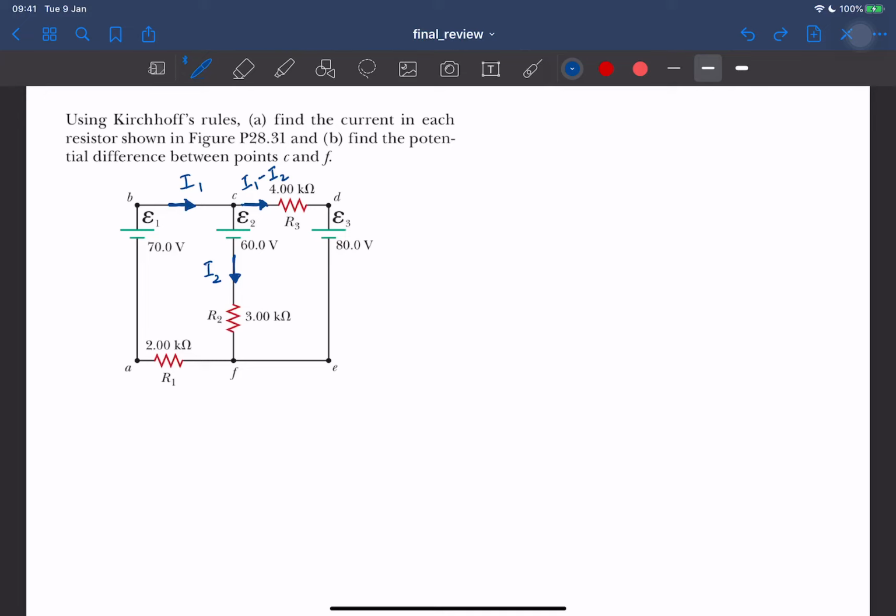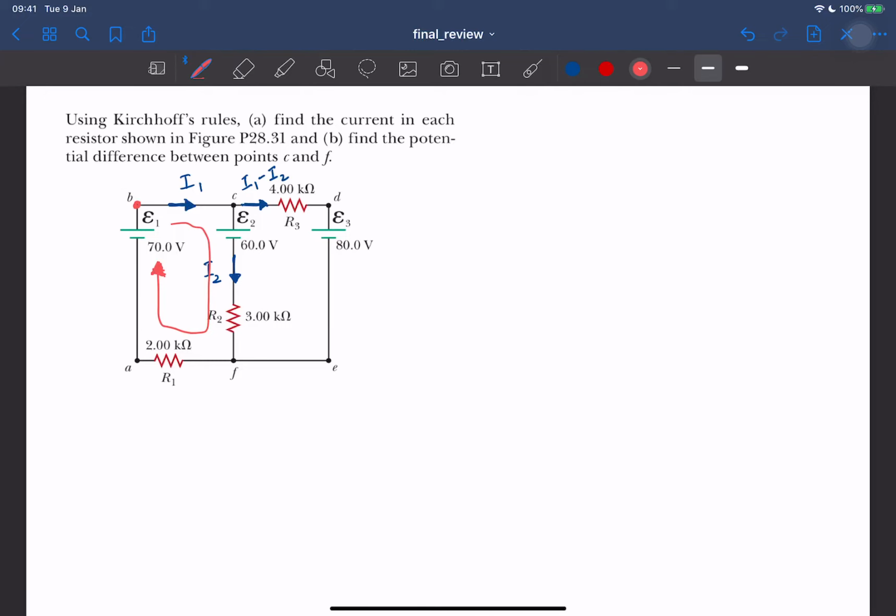Once we are done with labeling the current, next is to figure out the loop rule. And we probably need two loops because there are two variables. Two variables, you need two equations, and each loop you probably get one equation. So I'm going to start here at point B, and the first loop is going to be this loop, the small one.